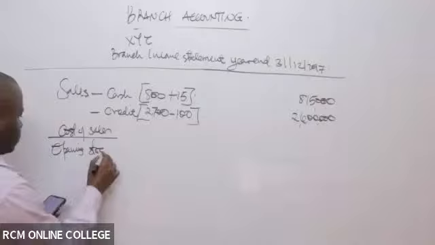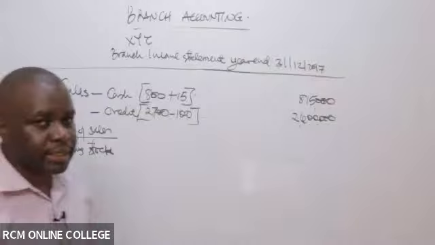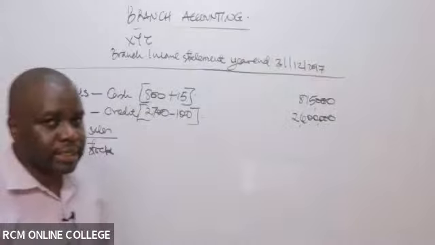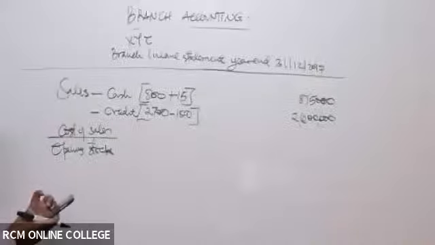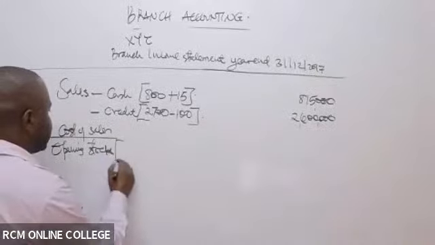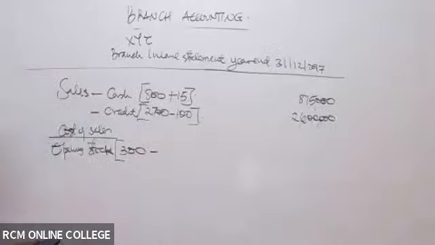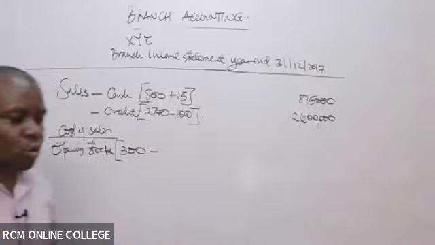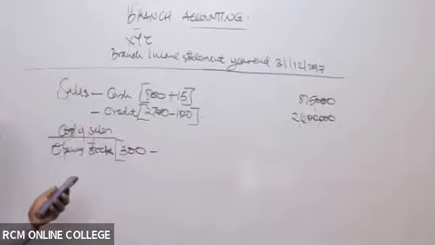The opening inventory. Remember, the opening inventory here, we'll recognize it at cost. Now, to get the cost, the opening balance for the inventory is actually 300 at the selling price, or at the invoice price. To get it at cost, you have to reduce or less the profit element, which was actually 60.